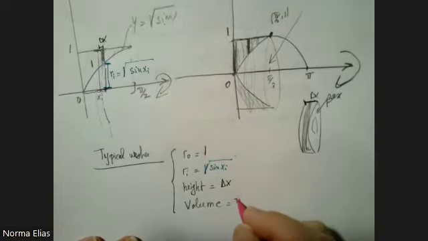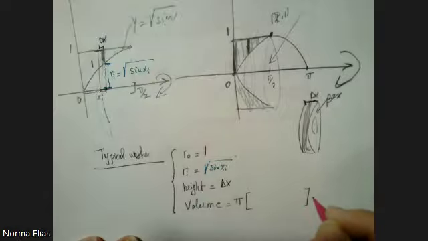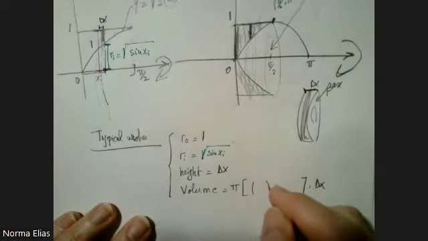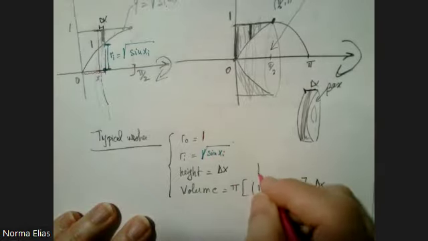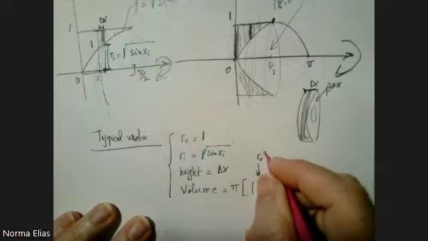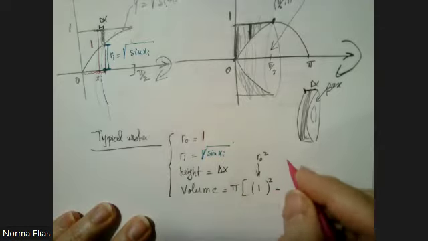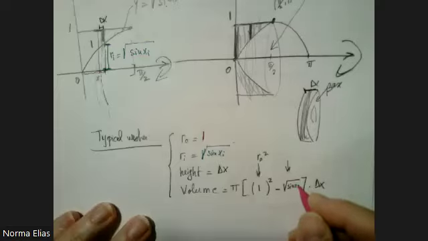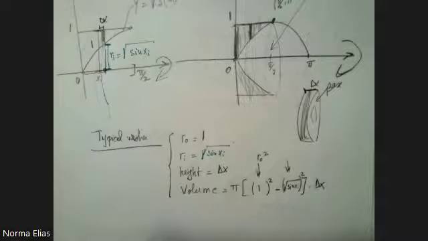So it's pi times the little delta x, which is making it into a volume. And here, the outer squared minus the inner squared. So that's the volume of a washer.